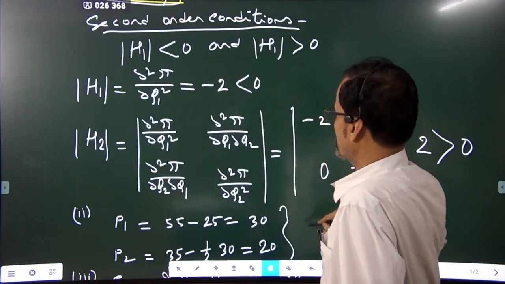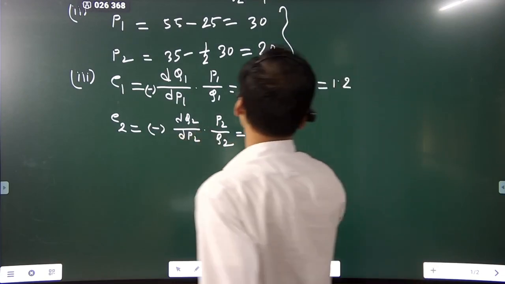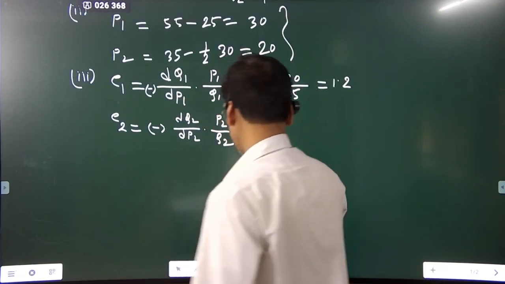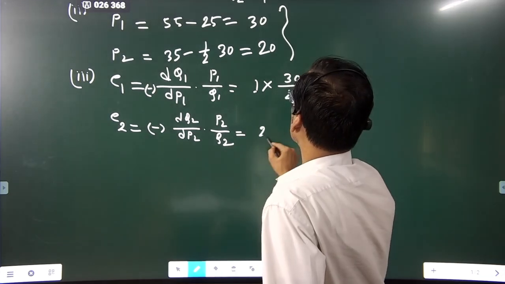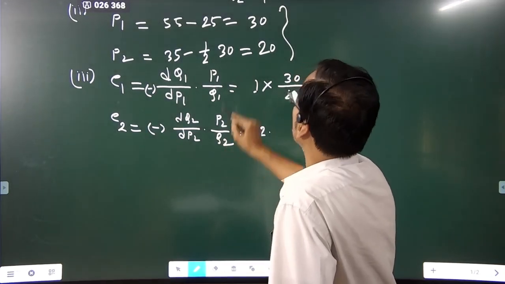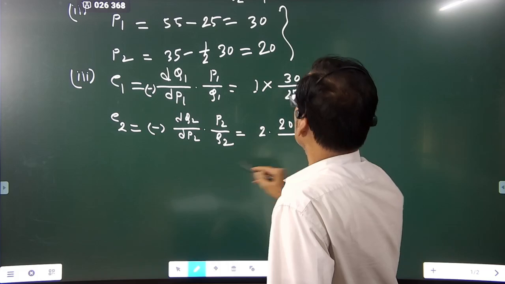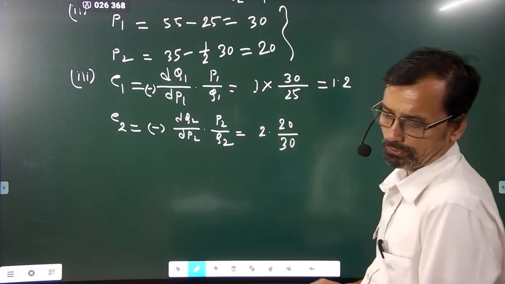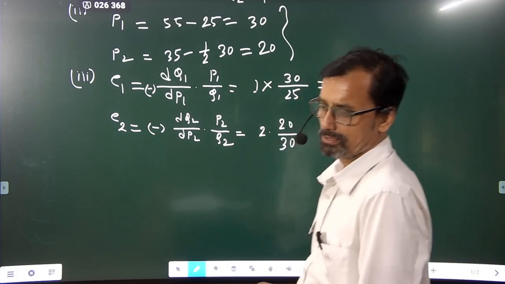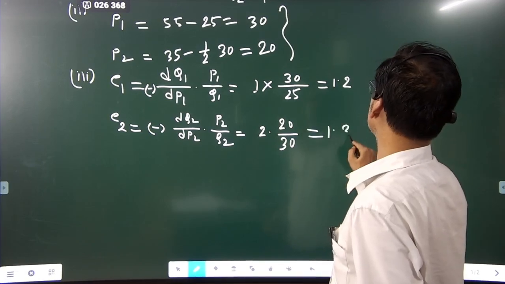So minus and minus make plus 2. The value of P2 is 20 and the value of Q2 is 30. Zero cancels, 4 divided by 3, the result will be 1.33.